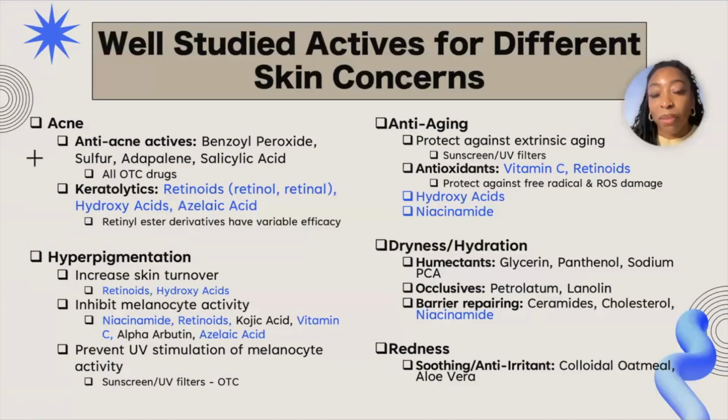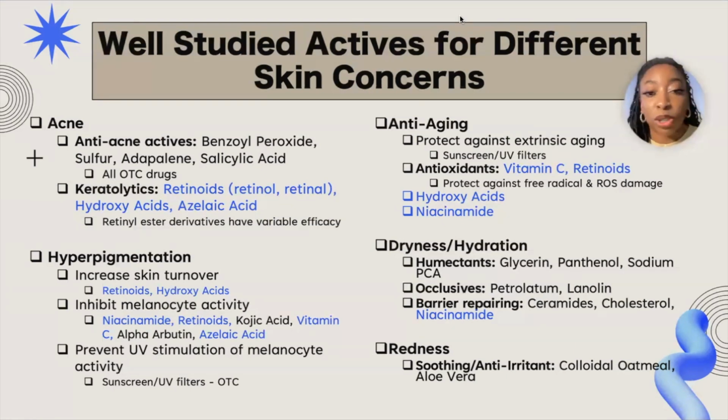On this slide, we have a list of these well-studied actives. And for the sake of time, I'm not going to go through everything on this list, but I highlighted in blue a couple of active ingredients that are used across multiple concerns. Niacinamide, vitamin C, retinoids, and hydroxy acids are compounds that are active ingredients and have been powerhouses in the industry for years. A lot of them are multifunctional in the sense that they can impart multiple benefits to the skin.